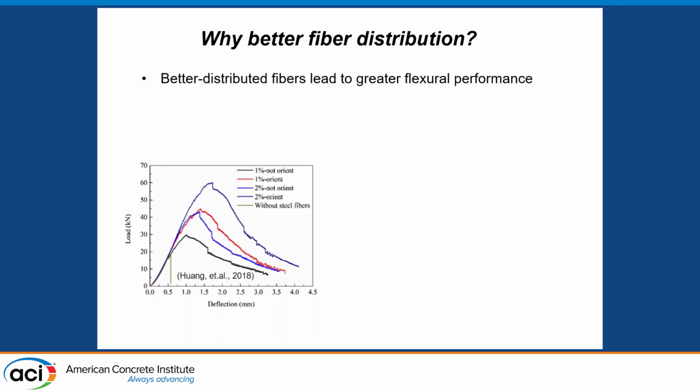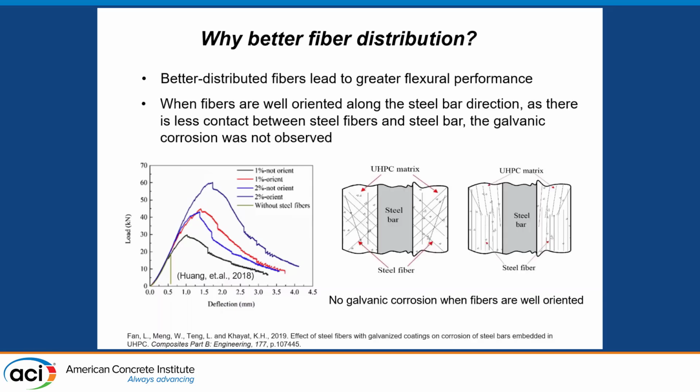So why better fiber distribution? I think a lot of you already know that better distributed fibers will lead to greater flexural performance. A lot of studies, a lot of publications have given figures like this. Also, based on our previous studies on corrosion, we found that better orientation or dispersion of the fibers would improve the corrosion resistance of the rebar embedded in the UHPC.